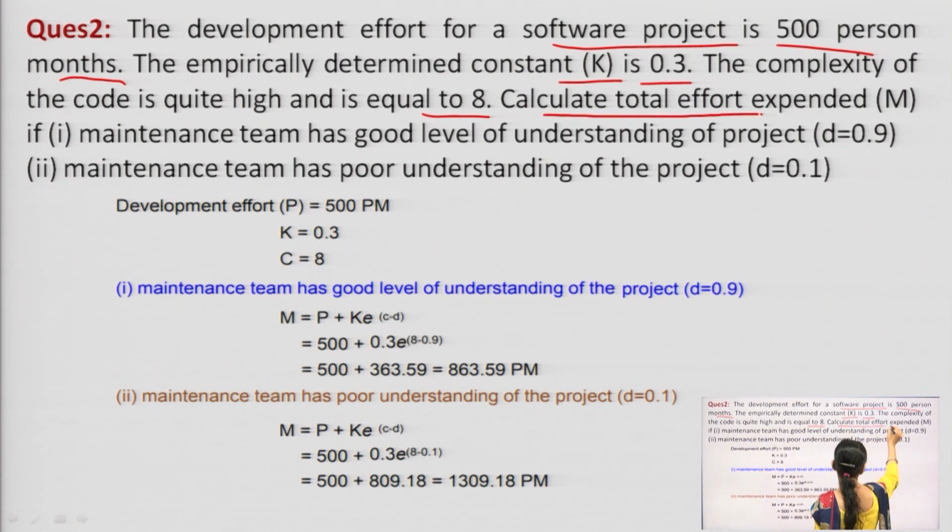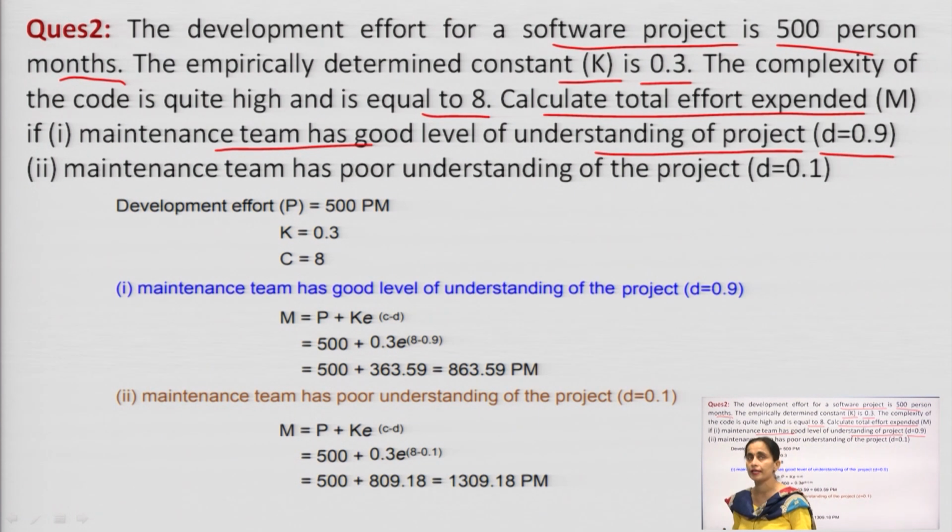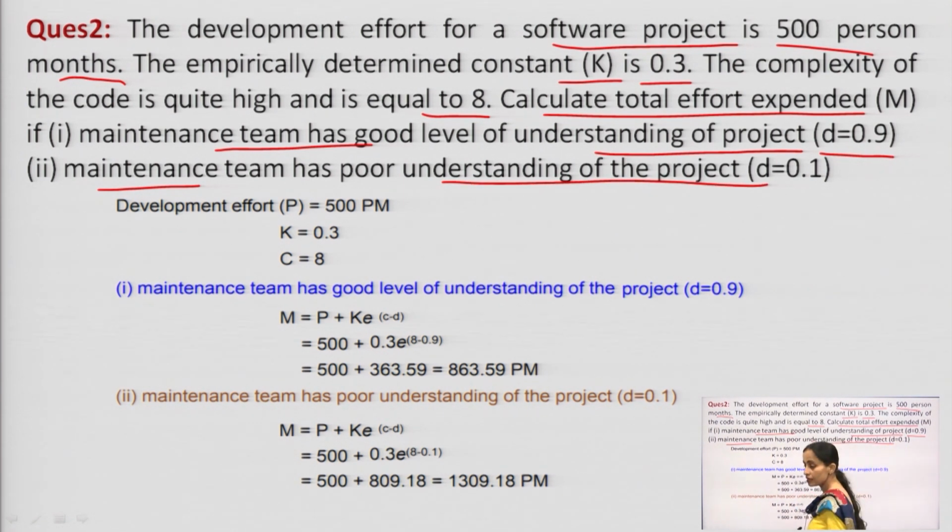Now, calculate the total effort expended, that is M. First case, if the maintenance team has a good level of understanding of the project, means the value of D is near to 1, that is 0.9. The second case says calculate the total effort expended M when the team has poor understanding of the project, means D is nearly equal to 0, that is D equal to 0.1. So, P is given as 500 person months, K is 0.3 and C is 8.